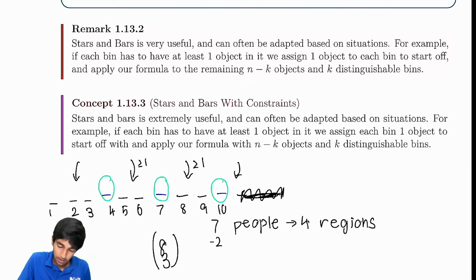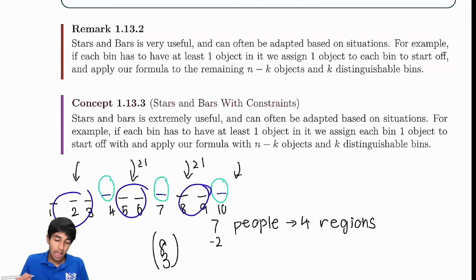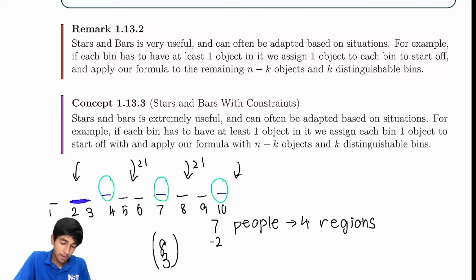Let's say our spots selected are here, and we have to somehow fill people in between them. Then at the end, whatever we filled, like let's say we put one person here, 2 people here, 2 people here, and then 5 people here. That's just an example. That will give us the numbering of these 3 people.